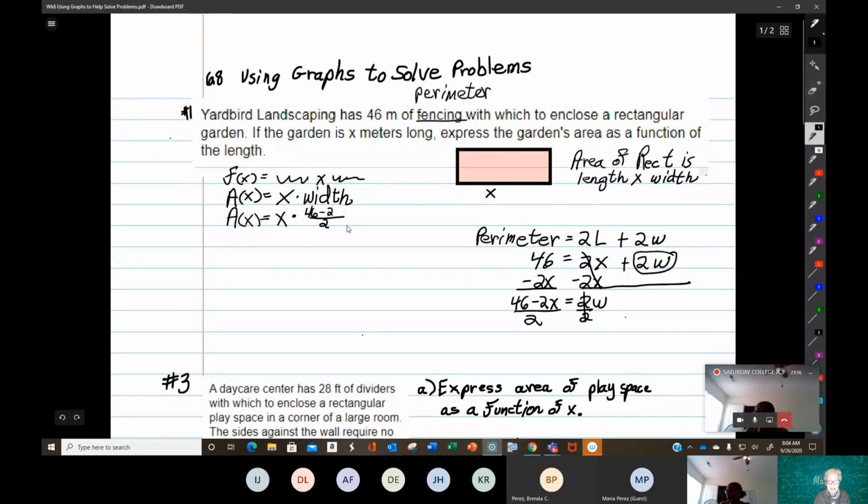So while technically, yeah, you really need to reduce this fraction. And luckily, 2 will go into 46 and it will go into 2. So you can do this. You can take out 2 as a common factor up here.